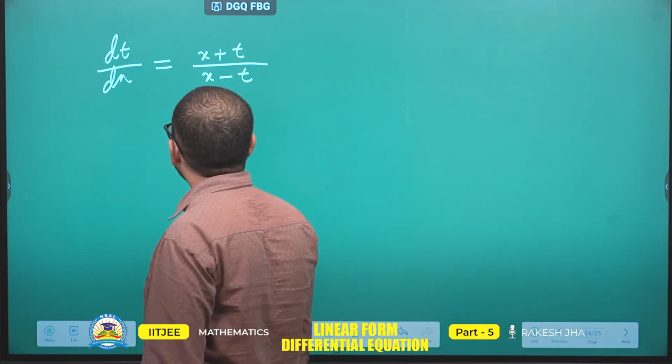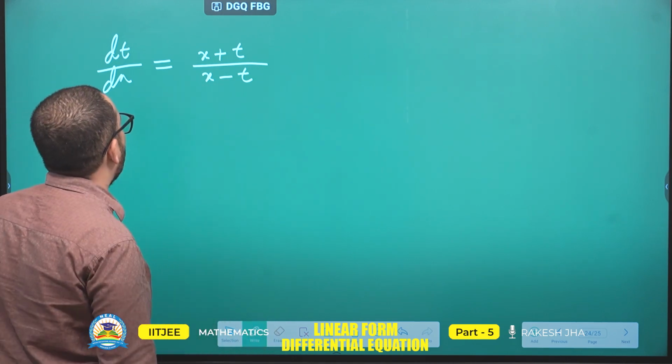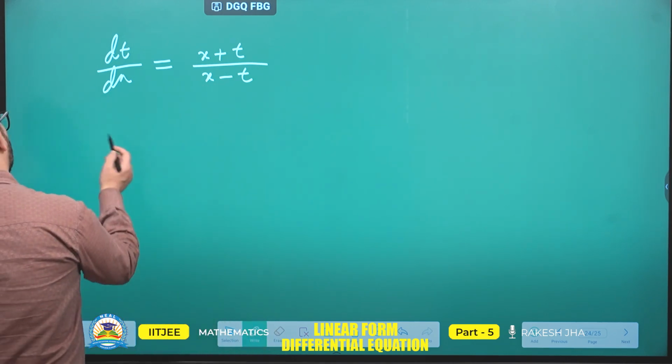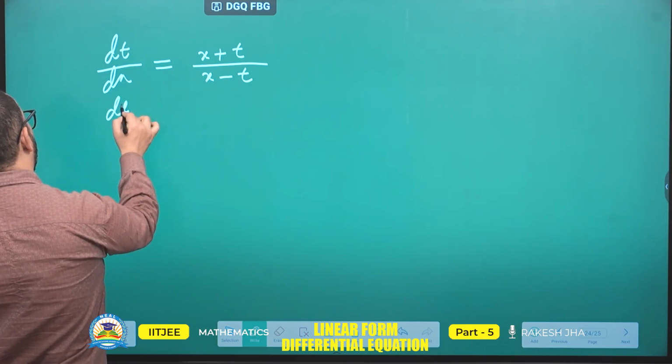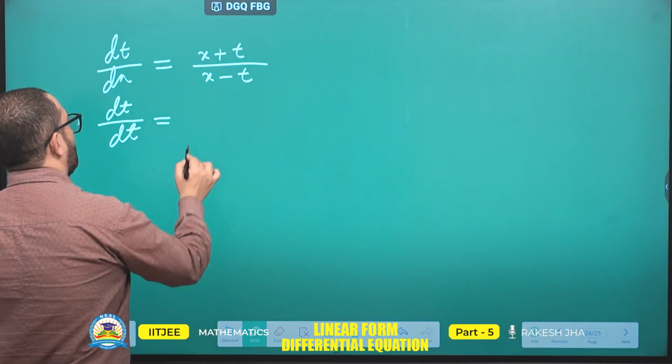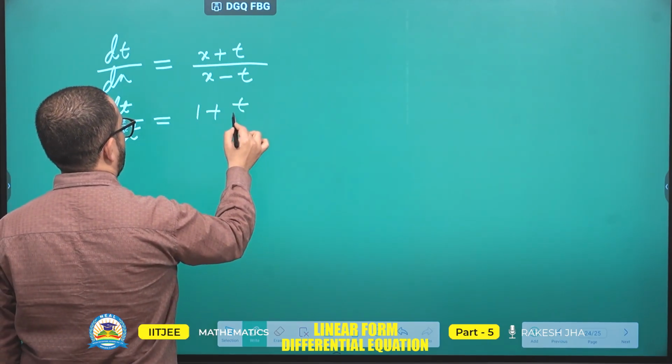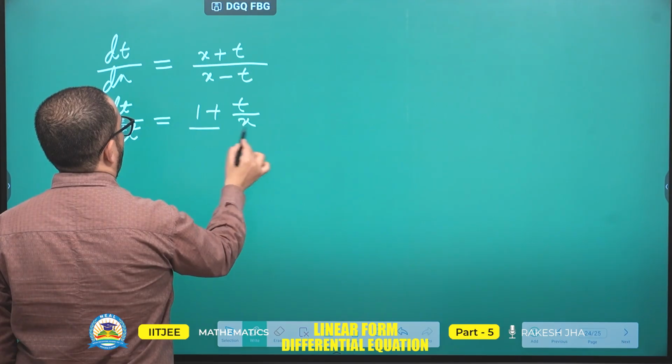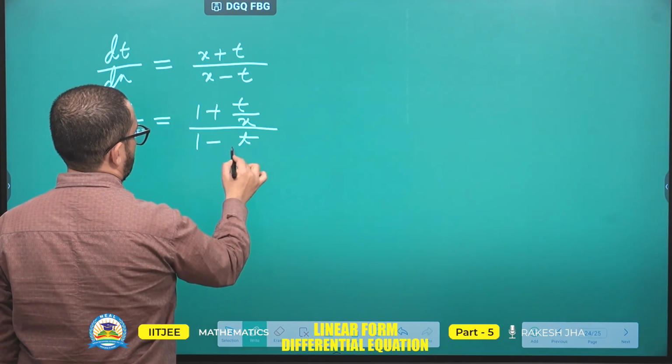Now this is nothing but in homogeneous form. Let's try it. Divide it, so dt upon dx is equal to 1 plus t upon x upon 1 minus t upon x.